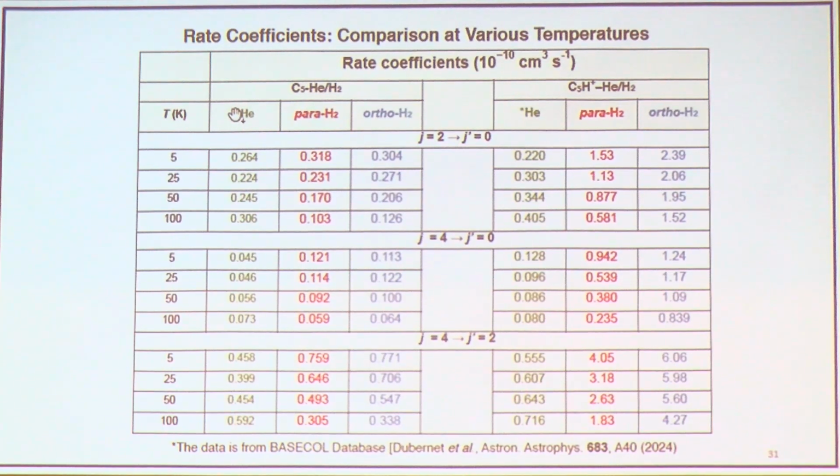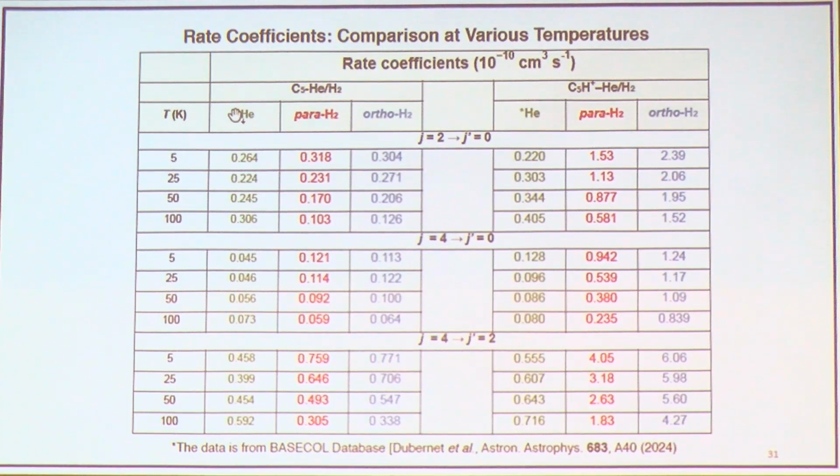What is to be noted is that the hydrogen rate coefficients are always higher than those of the helium system. And among the hydrogen, in both systems, the ortho has the higher value most of the time compared to the para. For the helium system, we have taken the data made available by the scientists in the BASECOL database, and used it to compare with the H2 collision.